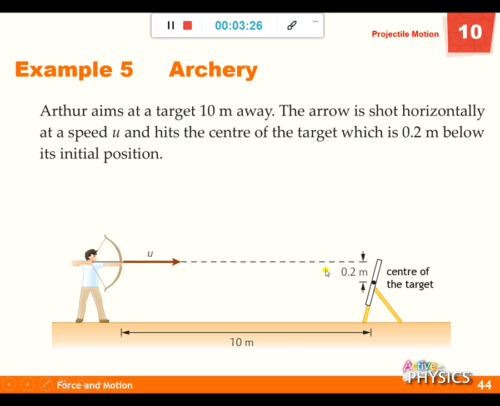But in this case, this man will not point at the target, because we know that we have gravity, so the path should be a curve. Then, if this path can pass through this target point, the arrow can hit the target.